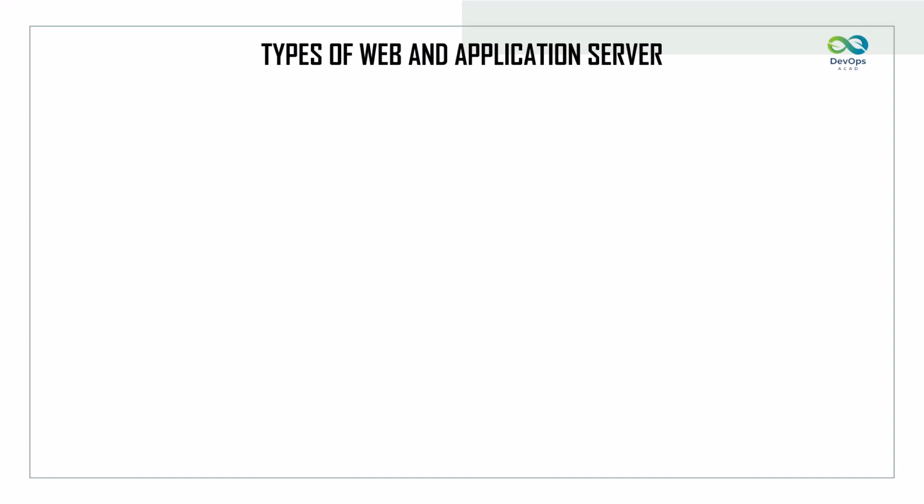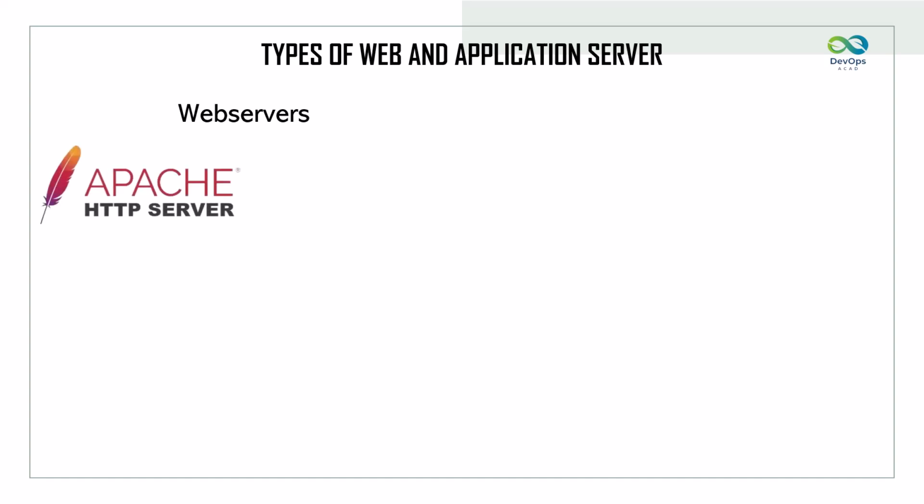So let's take a look at the types of web servers that we have. Number one on our list is the Apache HTTP server. It's one of the most popular web servers out there. If you are using Linux, Ubuntu or Debian, and you want to host a website, I'm sure you are going to be using Apache HTTP server.